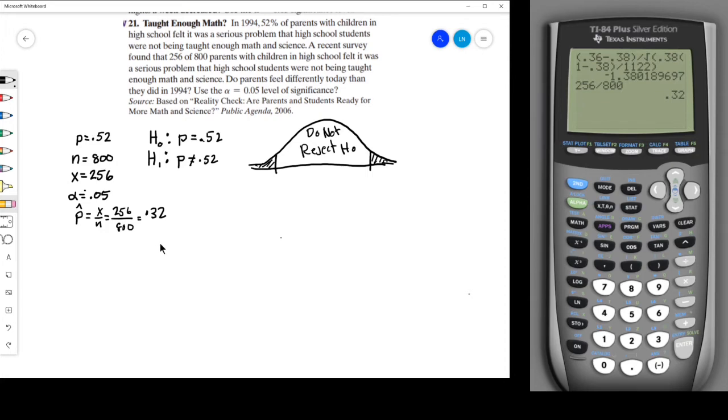Now, let me answer a question that some of you may be thinking of right now. If I know that my sample statistic is lower than 0.52, why am I bothering with the two-tail test? Why don't I just do a left-tail test? Well, the reason is the order that you do a hypothesis test in.